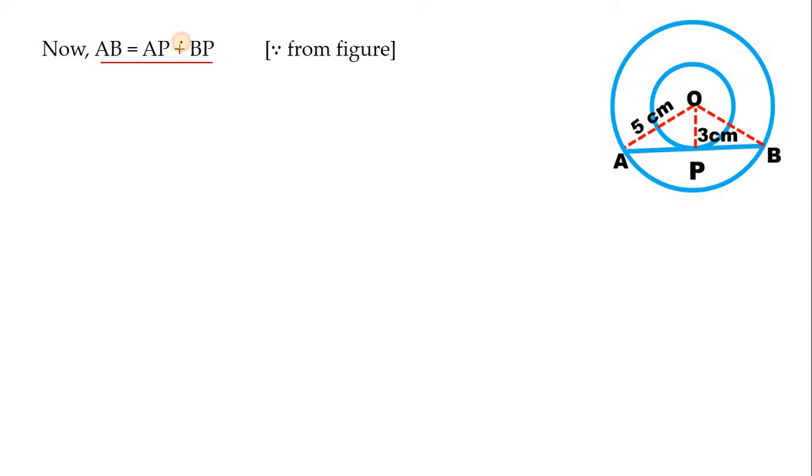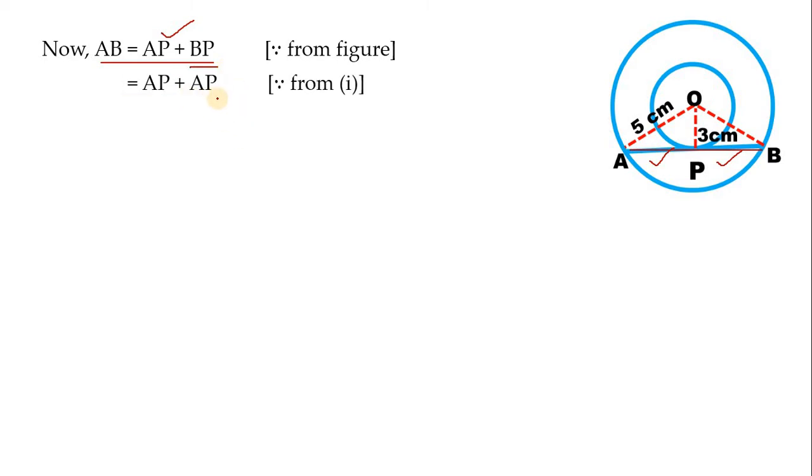Now AB we can write as AP plus BP. Look at the figure. This is AB. AB we can write as the sum of AP and BP. And in the last slide we have proved that AP equals BP, because I said the reason that a perpendicular drawn from the center to a chord bisects the chord. Hence, in the place of BP, I can write AP.